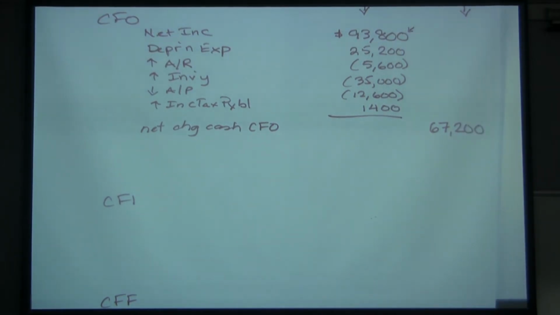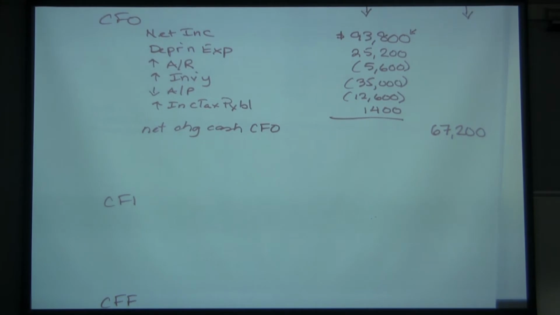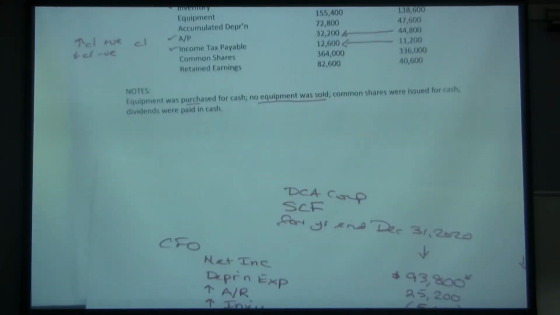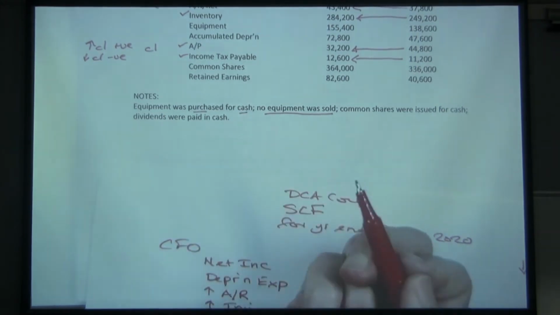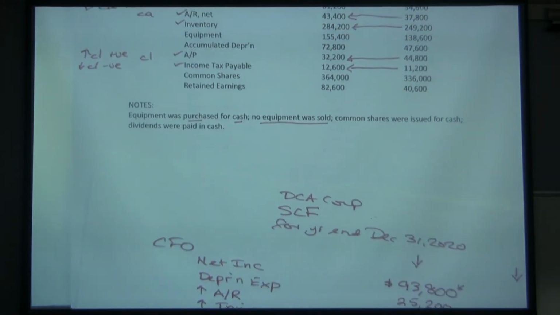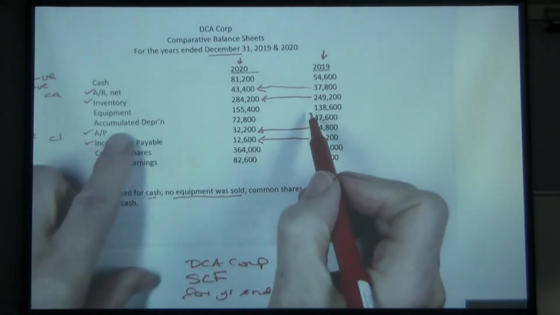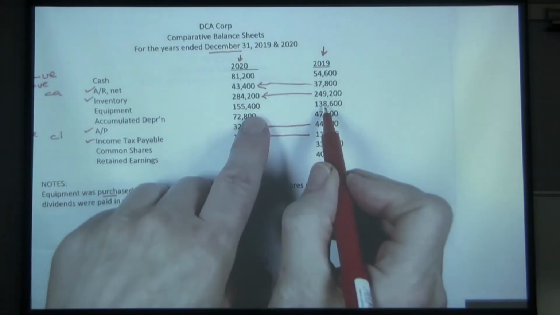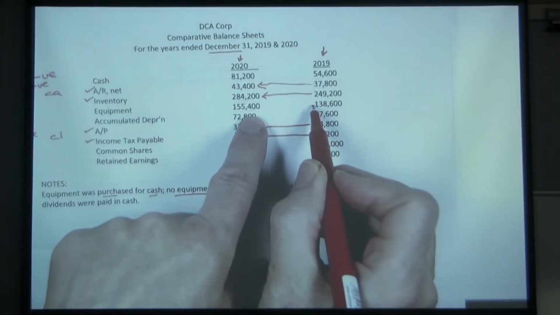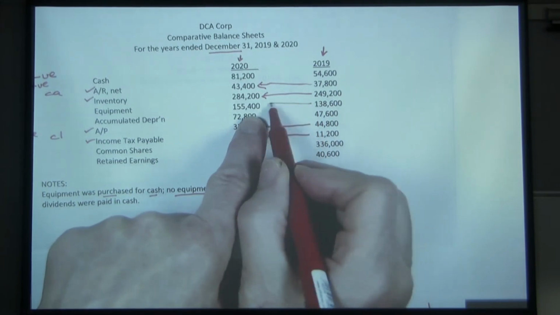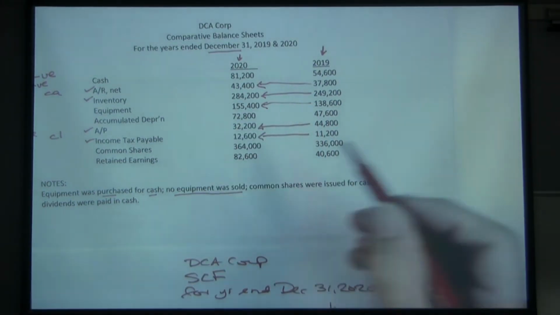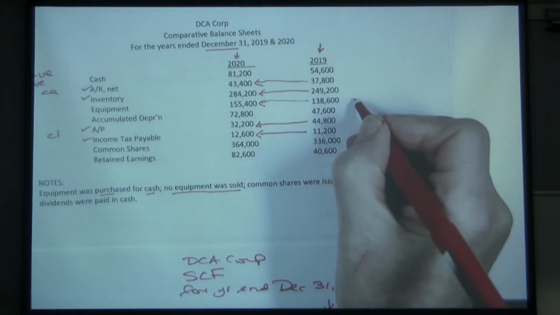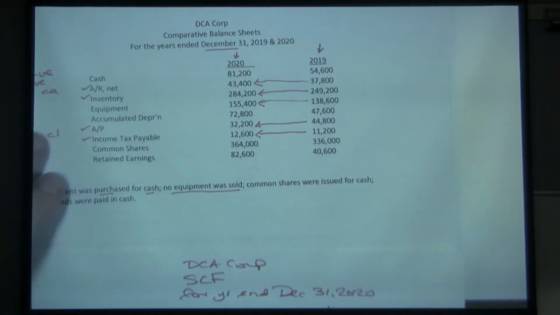So let's move down to our CFI section next. So once again, all we know is that we purchased equipment for cash. So all we need to do is take the difference between our equipment costs, this amount, $138,600, taking the difference here. It looks like we purchased equipment and then the difference is $16,800.